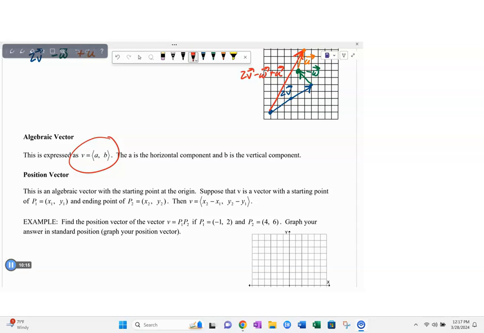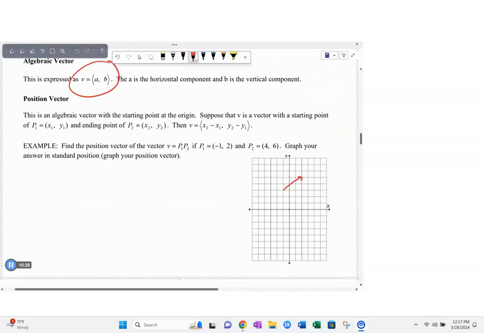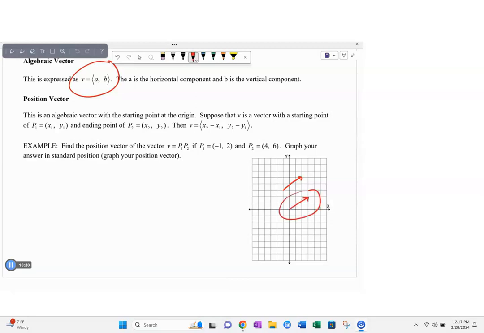And this is the position vector, where it's showing, because you can have multiple vectors all over the place and they could be equivalent. But only this one's the position vector because it starts at the origin. So even though these are equivalent vectors, they both go up 2, right 3, they have the same length and direction. The position vector is the one that starts at the origin, okay?